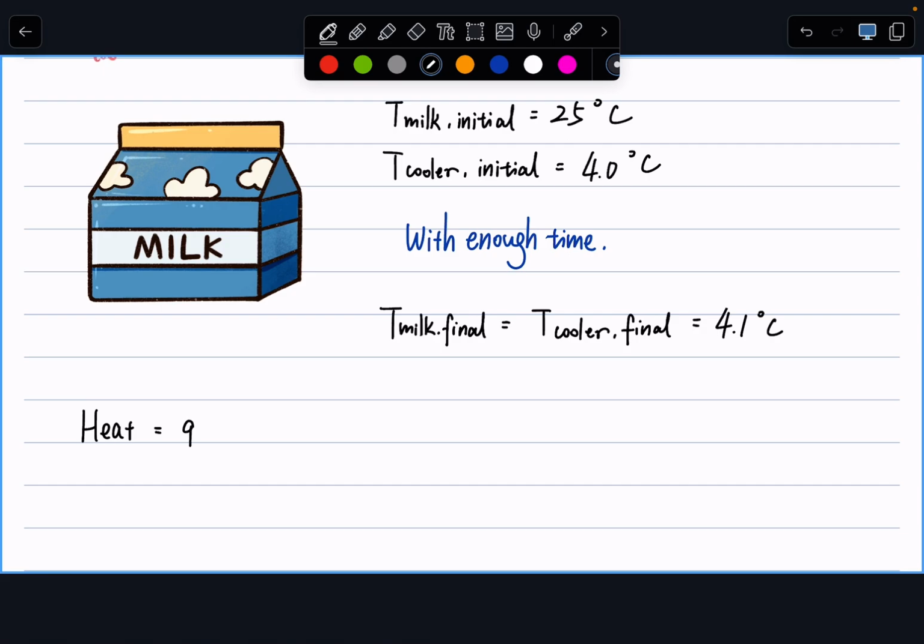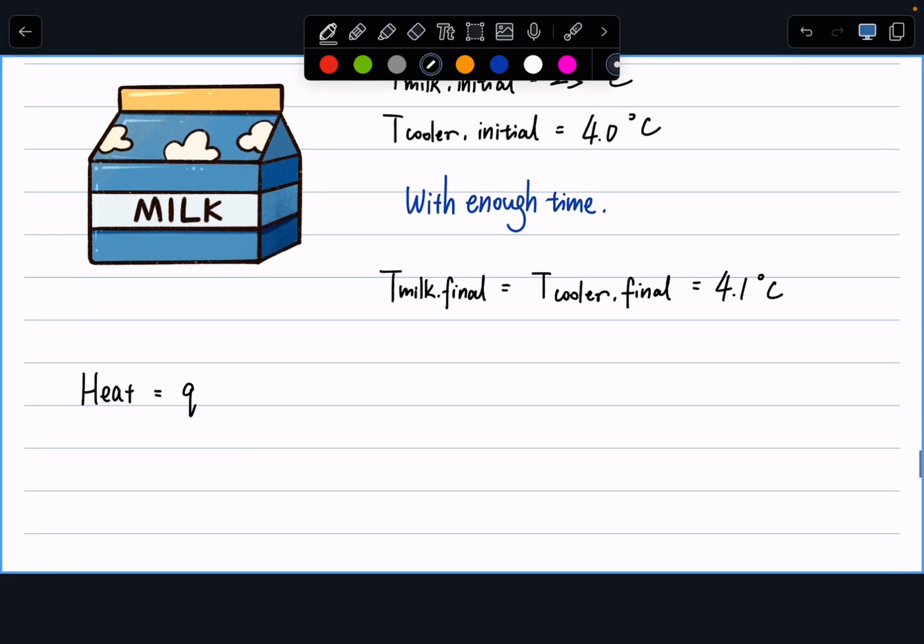equals the small letter q, which is the mass of your cooler, C2, times T2 minus T final, equals the mass of your milk times the specific heat of the milk times T final minus T1.